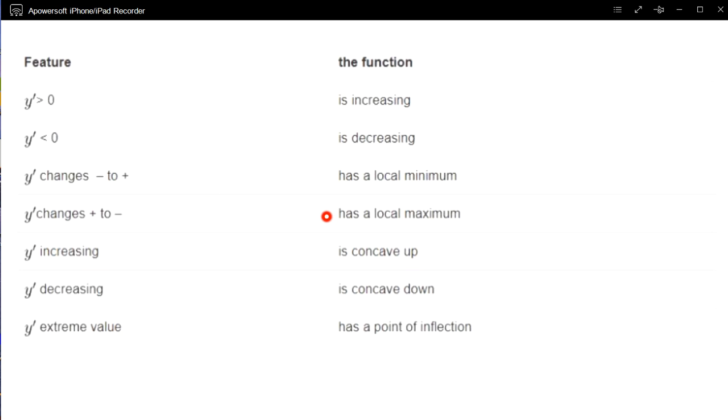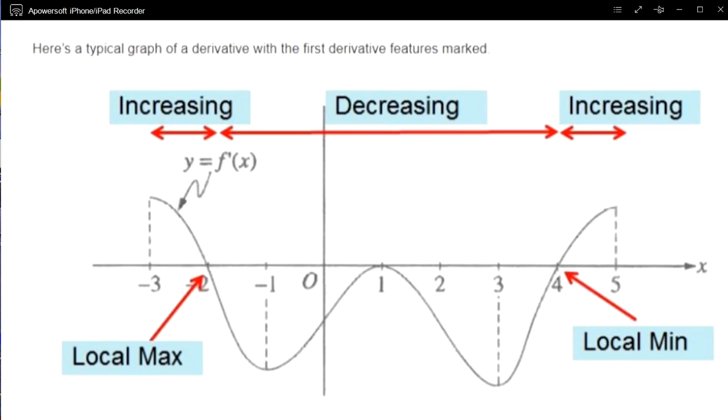To get a local maximum, y prime will change from positive to negative. All right, these other 3 terms or properties we'll talk about later. These have to deal with concavity, and we will talk more about that when we get to our second derivatives.